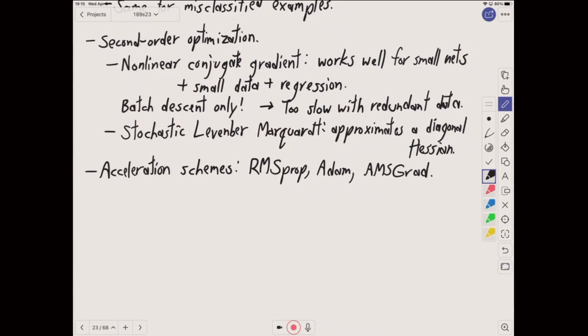And so these are methods that try to find better directions and incorporate a little bit of curvature information, but not too much. That's all I'm going to say about those, except that they're really cool and well worth studying. But let me go on to something simpler.